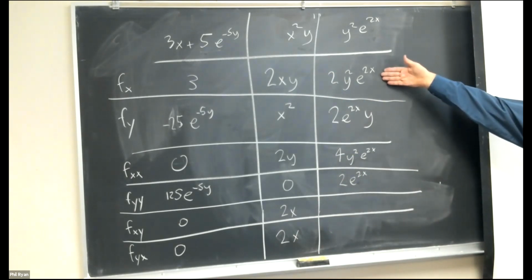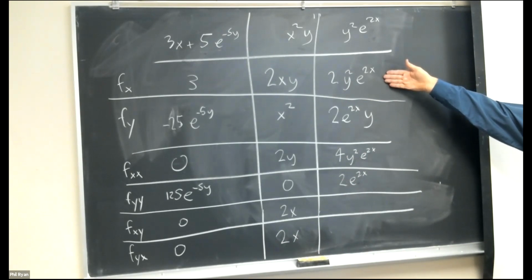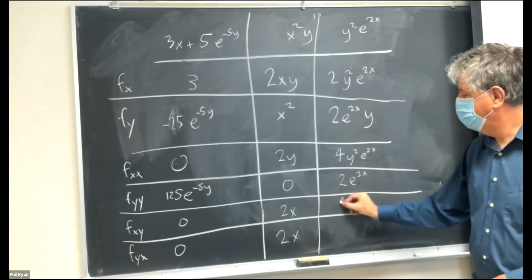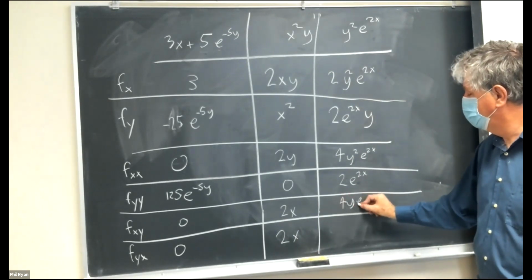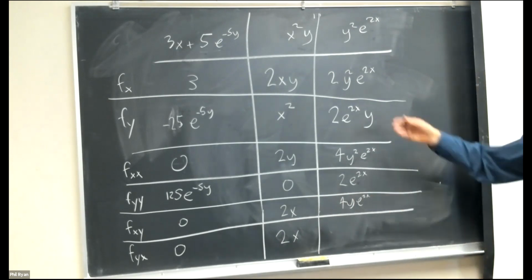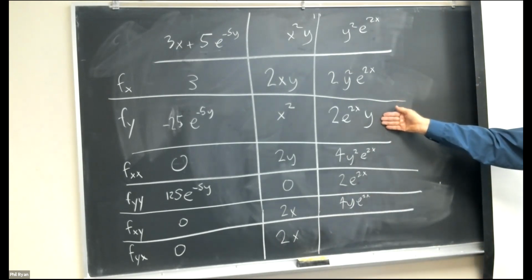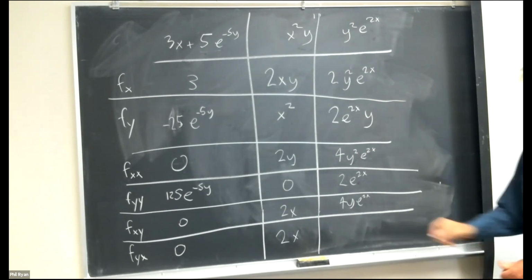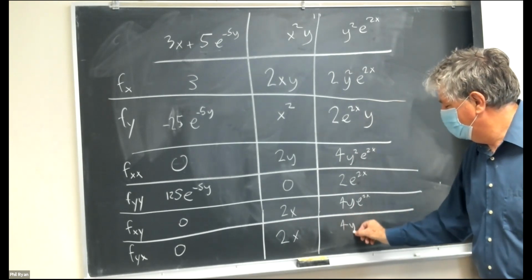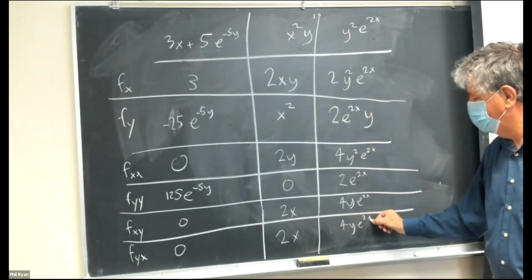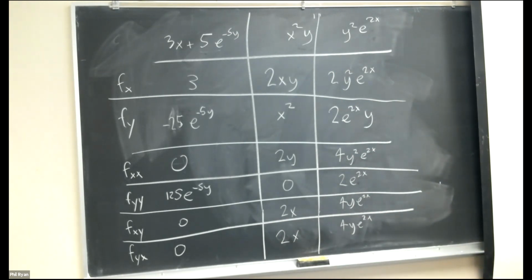The derivative of this with respect to y. Yep. 4y e to the 2x. And the derivative of this with respect to x. Okay. Whew. That's a lot of derivatives.